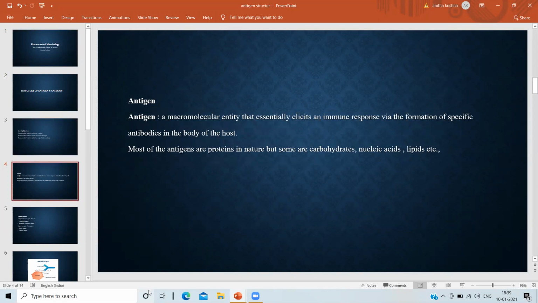These are macromolecules capable of stimulating the production of antibodies in the host. Most of the antigens are protein in nature, but some can be carbohydrates, nucleic acids or lipids. But mostly, most of the antigens are proteins.